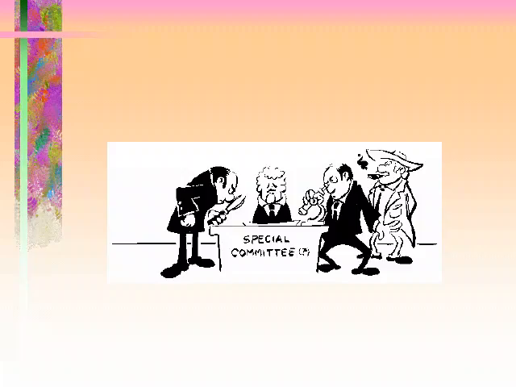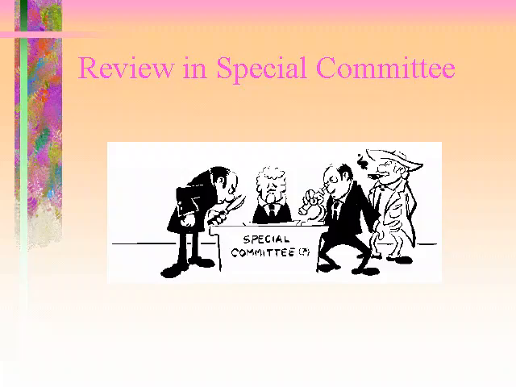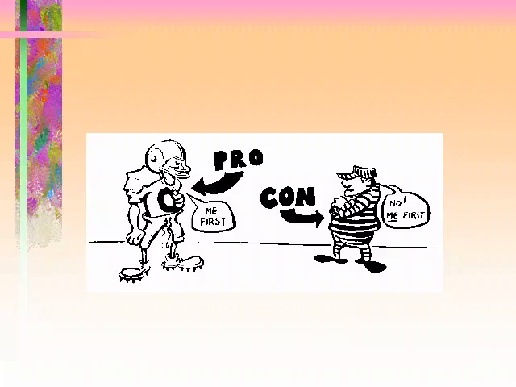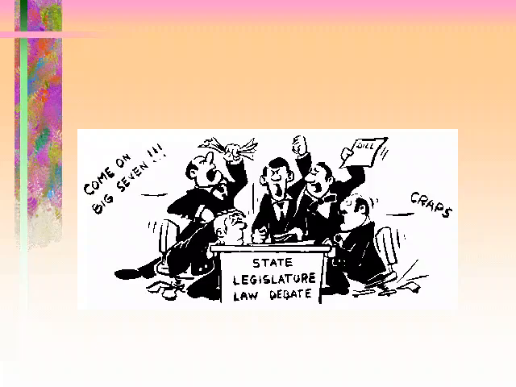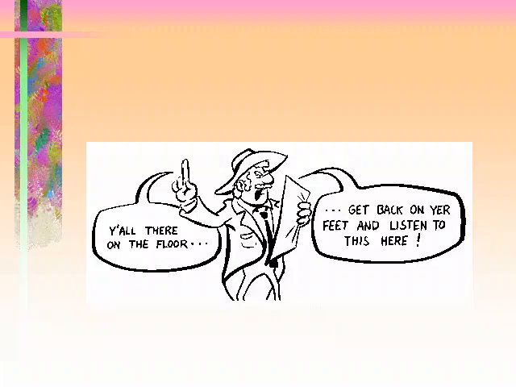At that point, the public gets to speak about it, to voice whether they think it's a good or a bad law. Then the bill is amended, revised after the public hearings, and it's read on the floor and voted on.